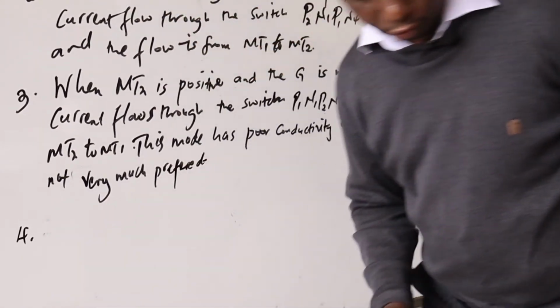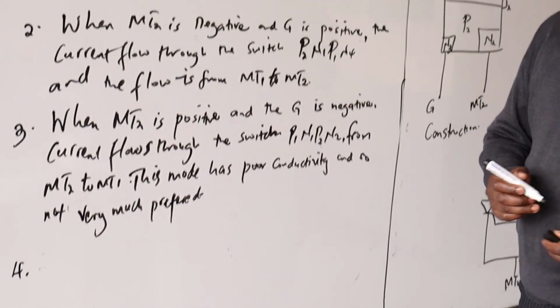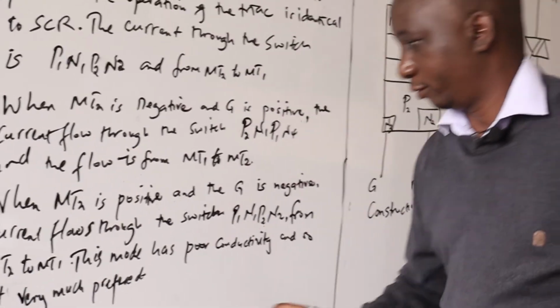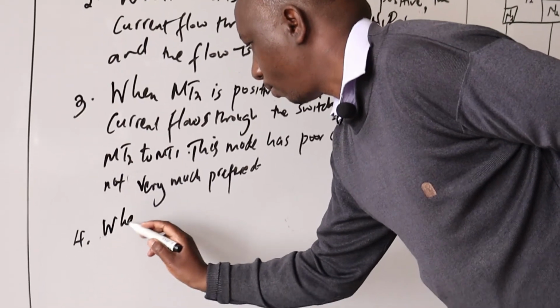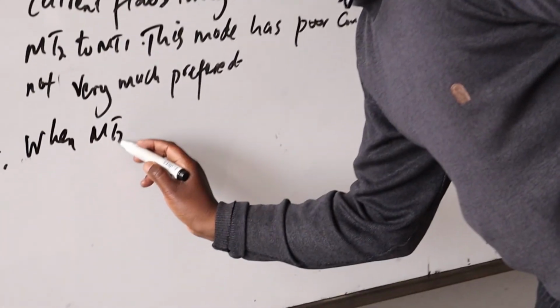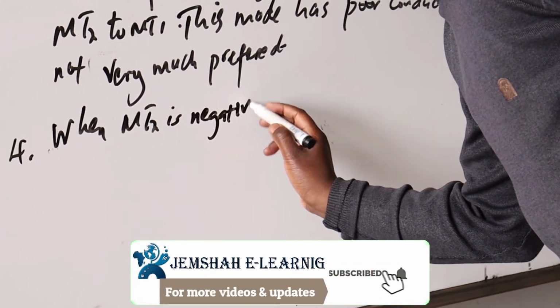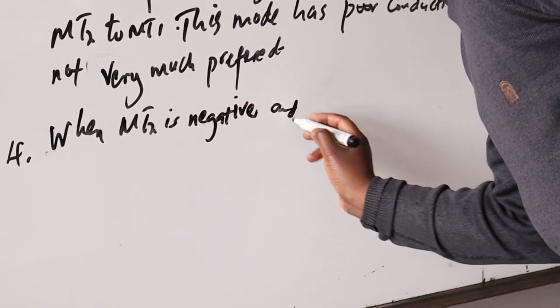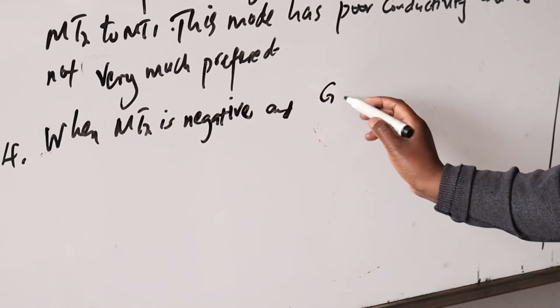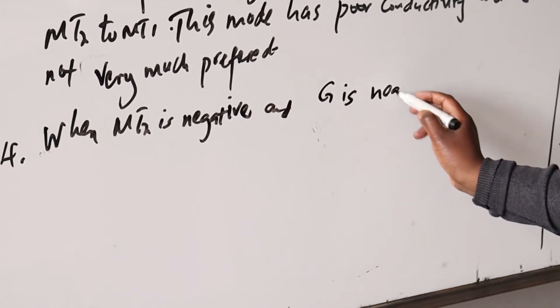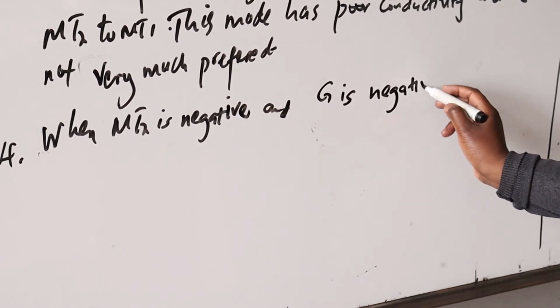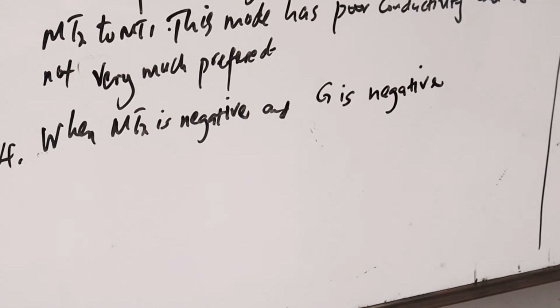So we're going to the fourth mode, when MT2 is negative and G is negative. What is our expectation?